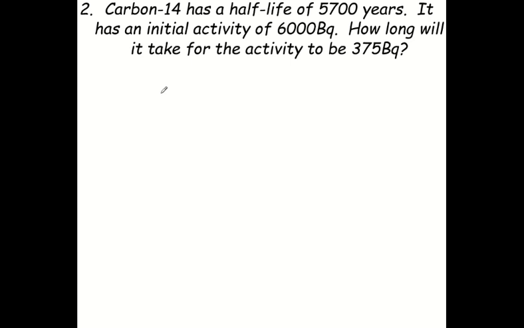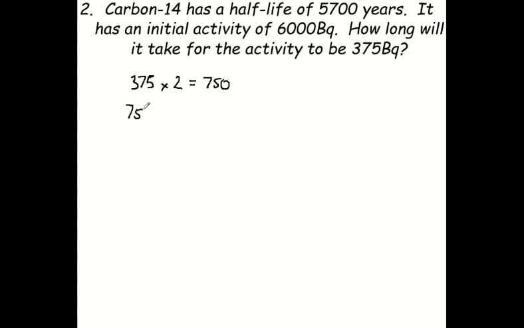Okay, so carbon-14 has a half-life of 5,700 years. It has an initial activity of 6,000. How long will it take for the activity to be 375? So one way we can do this, and there are more than one way you can do this, is to do the reverse of what we've done. So 375 times 2 would give us 750.